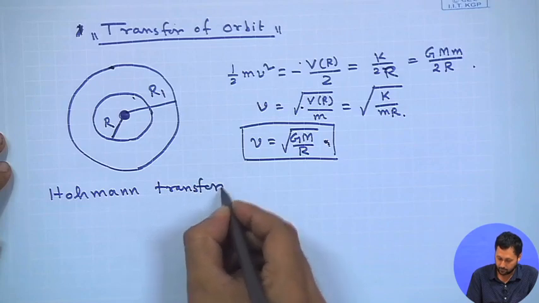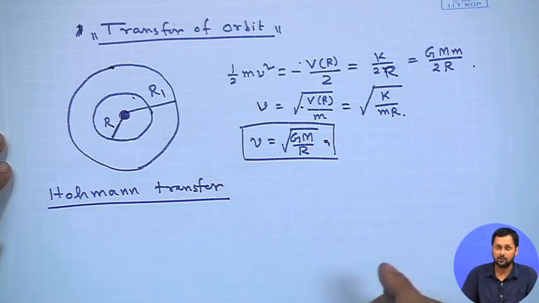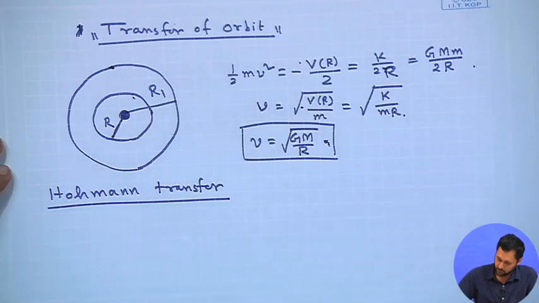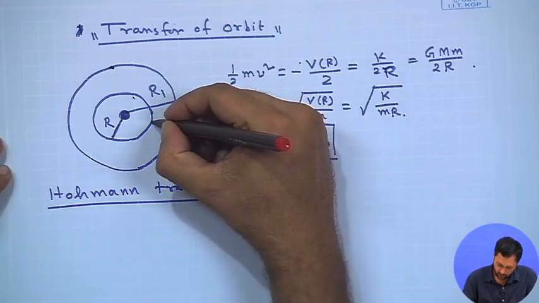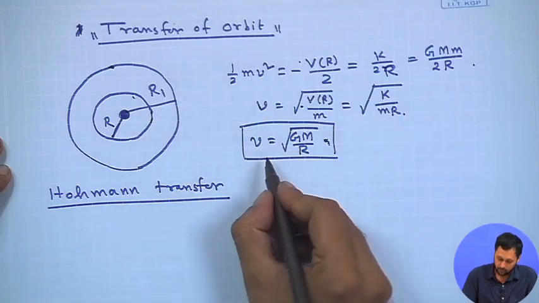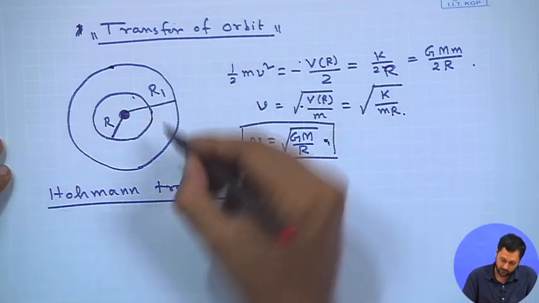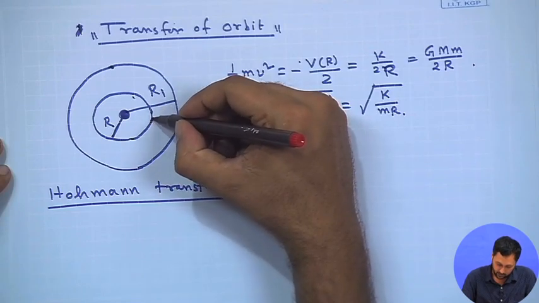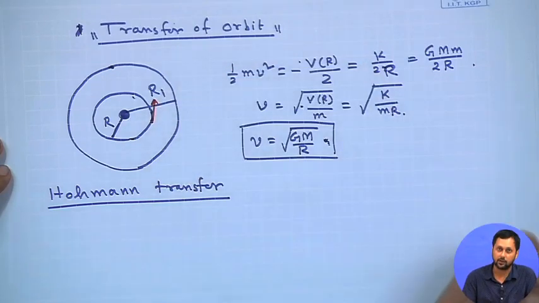So, what happens in Hohmann transfer is that at some point of this orbit a rocket is fired. Now, for a circular orbit, at any point on the orbit, if you fire a rocket, the additional velocity will work perpendicular to that particular direction.